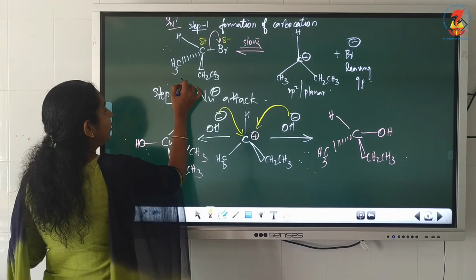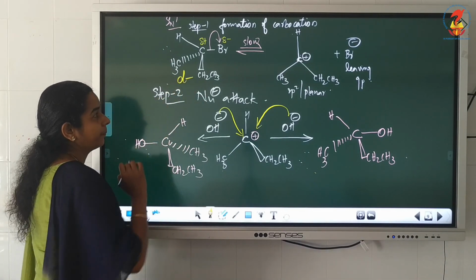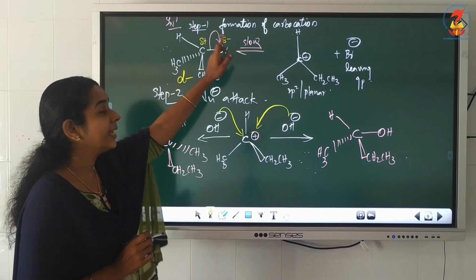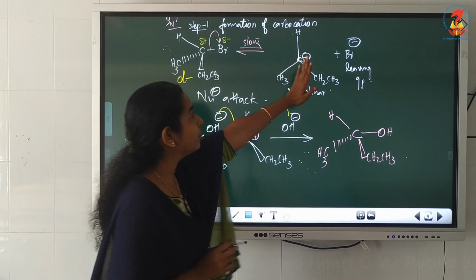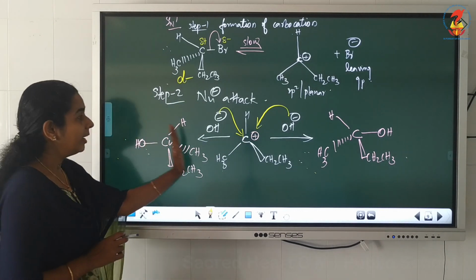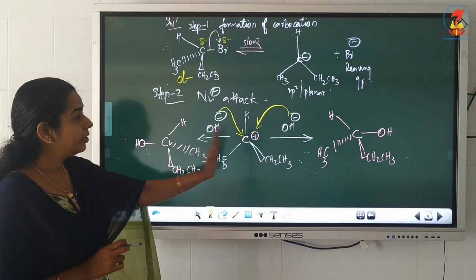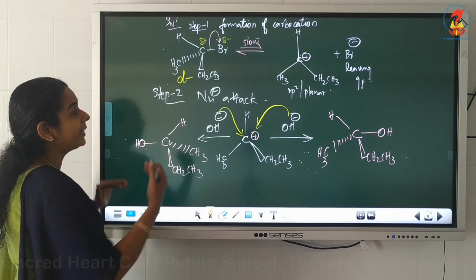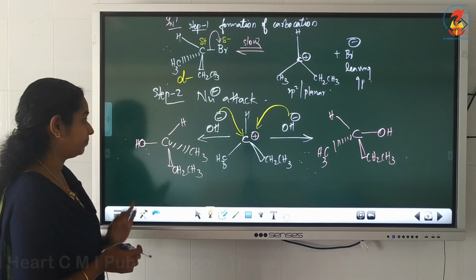Suppose I take this as dextro, a dextrorotatory alkyl halide undergoing SN1 mechanism. First we get a carbocation, and since it is planar, the nucleophile, OH minus here, will be attacking from either direction.